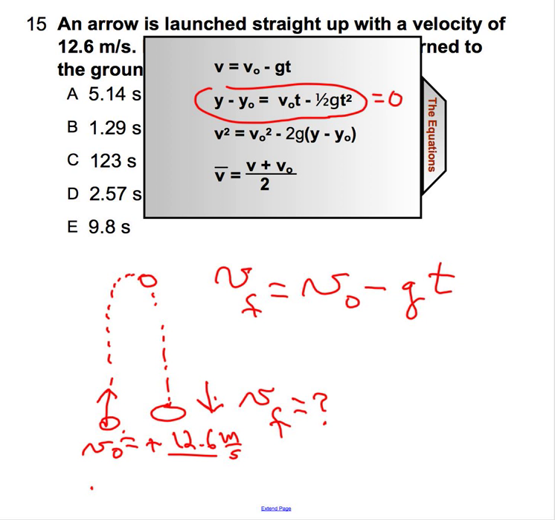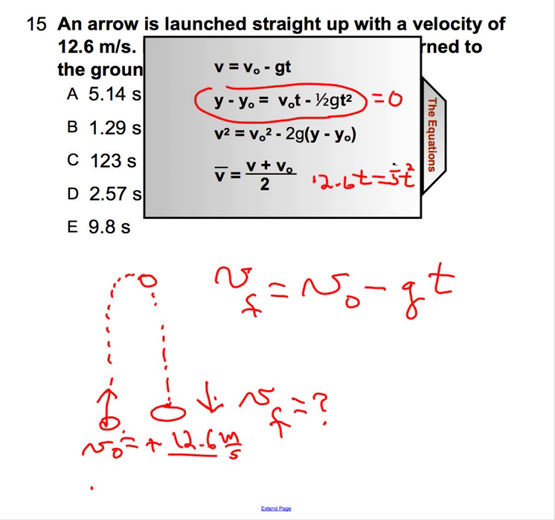We have V naught, which is 12.6 times t is equal to 1/2 g t squared, which is 1/2 g is 5 times t squared. So one of these t's cancels this t.